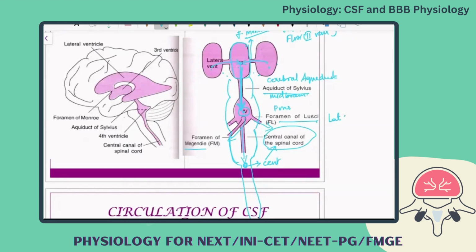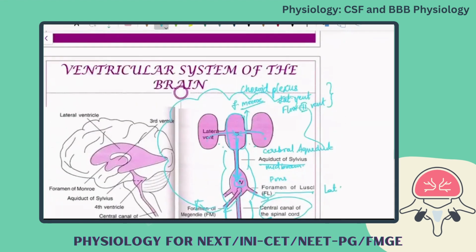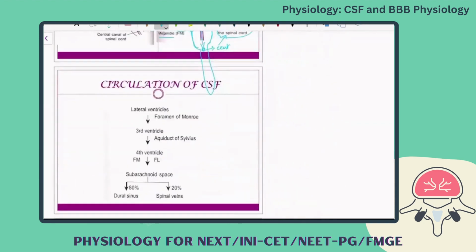CSF is present in the subarachnoid space, the space between the meningeal layers. Through the foramen of Luschka and foramen of Magendie, it now goes into the outer covering of the brain.